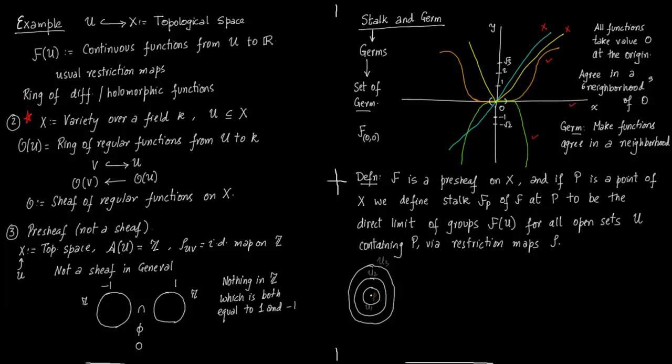Corresponding to this kind of figure, you have these maps going in the opposite direction of inclusion: F(U3) maps to F(U2), which goes into F(U1), and you end up slowly all the way to the stalk F(P). You could also directly go from here to here.